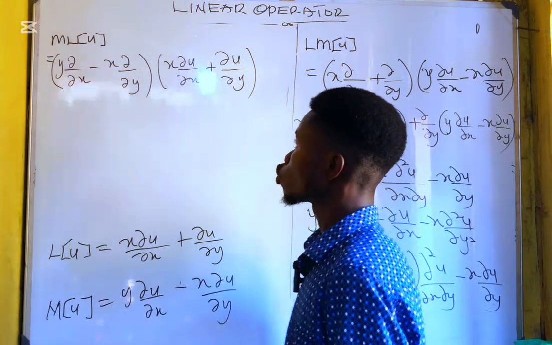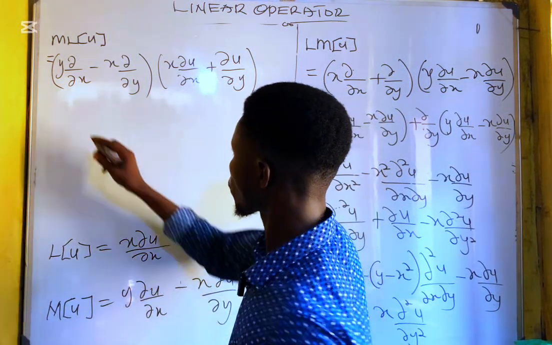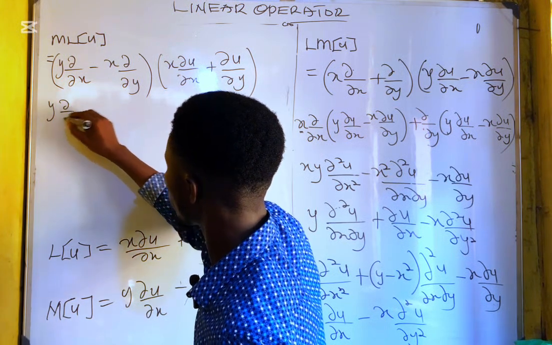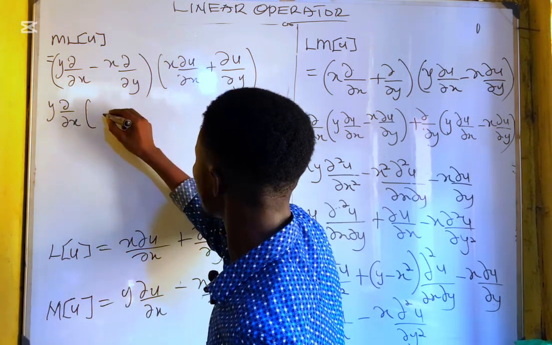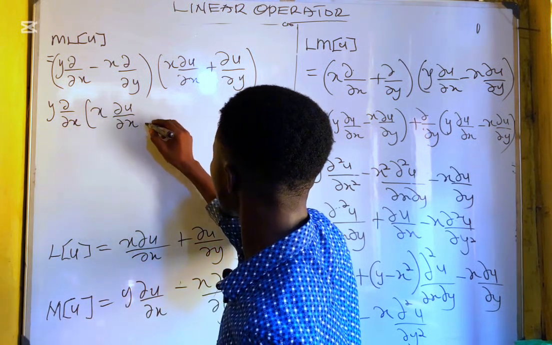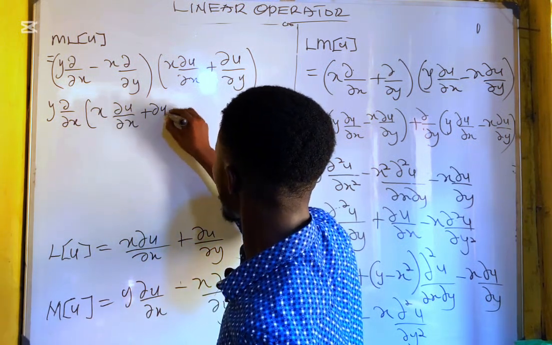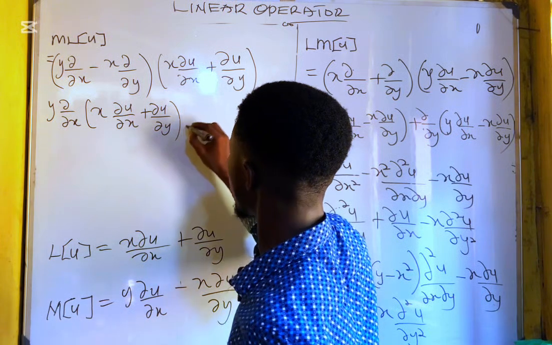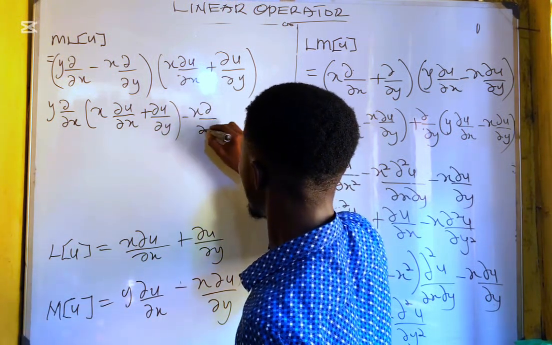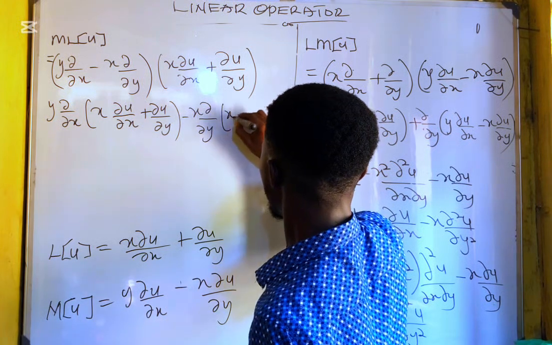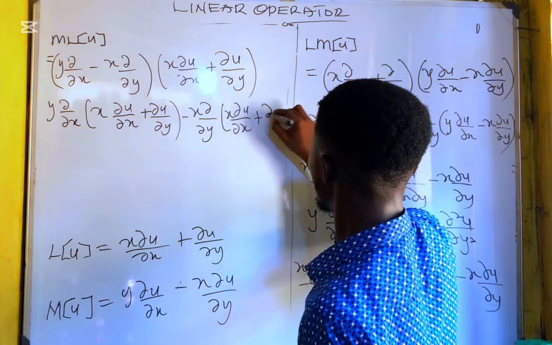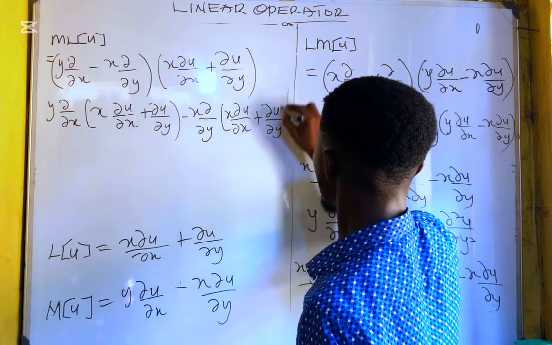Okay, so here the same thing, right? y ∂/∂x (x ∂u/∂x + ∂u/∂y) minus x ∂/∂y (x ∂u/∂x + ∂u/∂y).